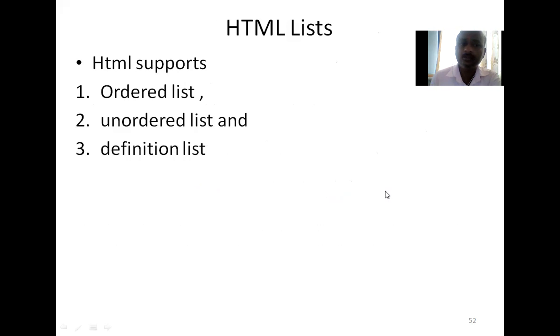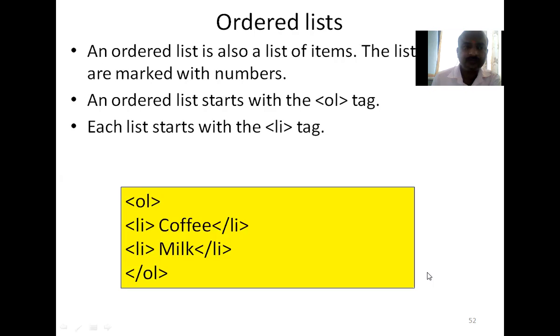Then HTML supports ordered list, unordered list, and definition list. There are 3 different types of lists. An ordered list is a list of items, and the items are marked with particular numbers. So an ordered list starts with the OL tag.